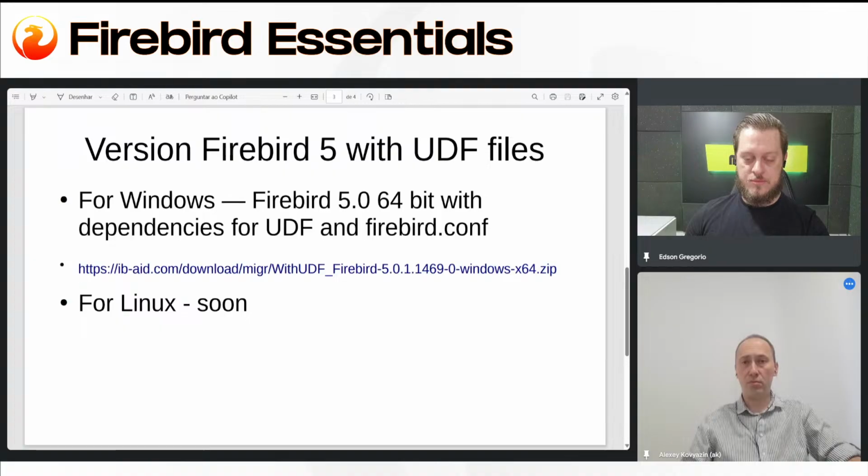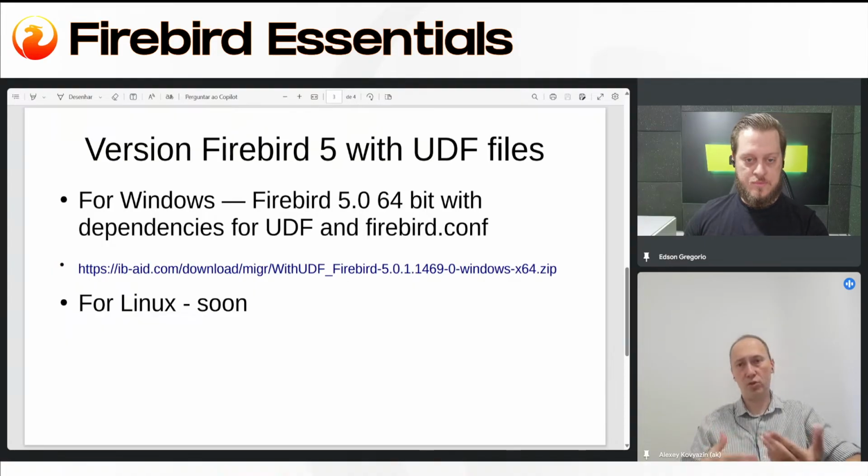So in order to work around this problem, we have made the following. We have created a zip of the vanilla Firebird version, so just downloaded from the website, and we have put there the Firebird configuration and the necessary DLLs to work with old UDFs.